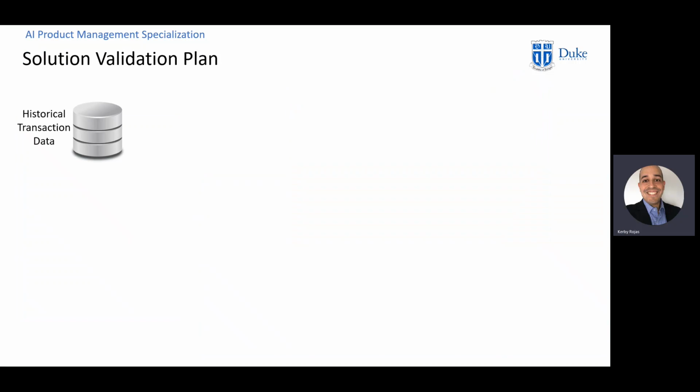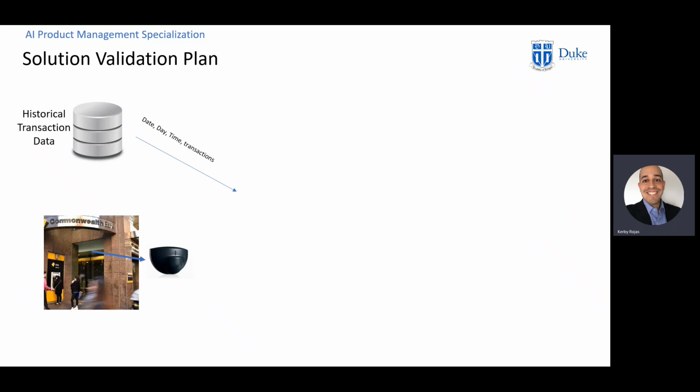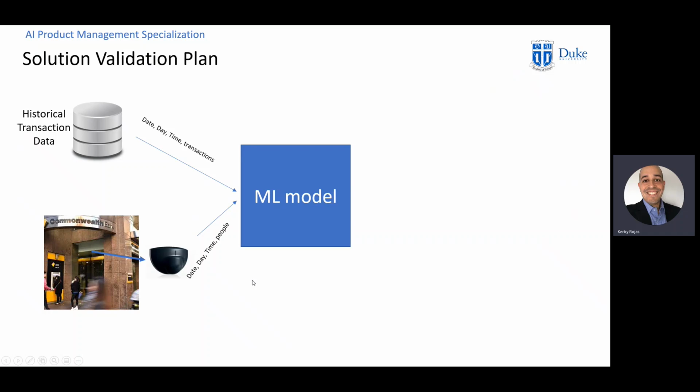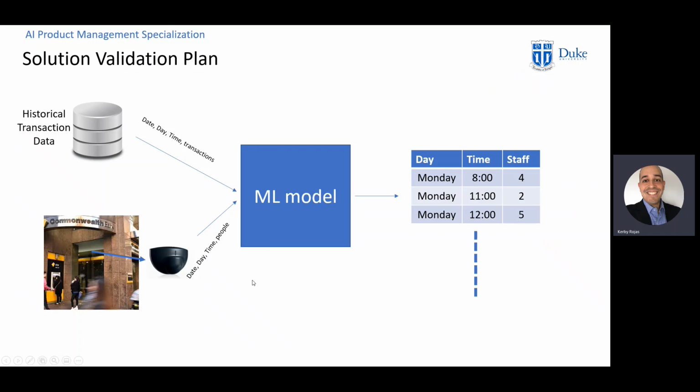So, the solution validation plan. The idea is to have historical transaction data, which provides date, time, and transactions. But you can also have sensors on the door, as you can see here in the picture. They provide date, time, and people count, all together in the machine learning model that gives us a kind of matrix where you can have different days and times that can be predicted.